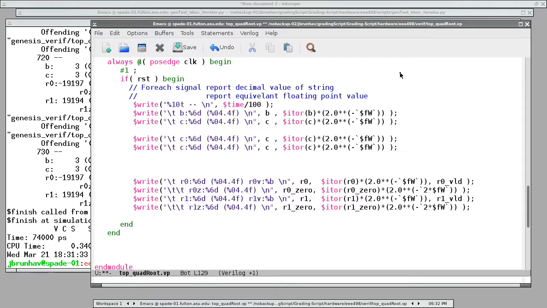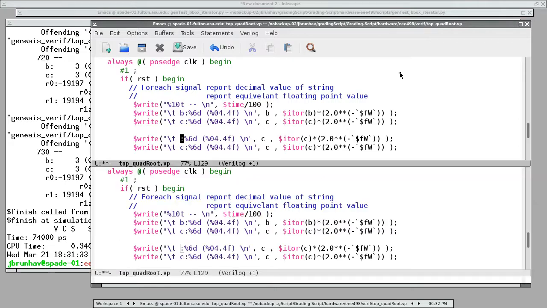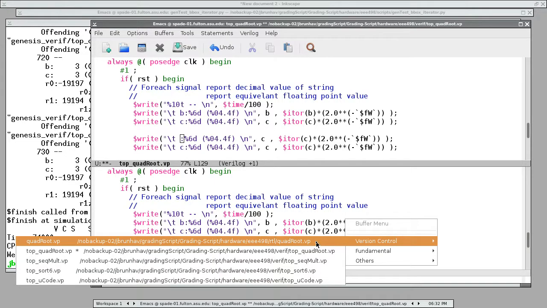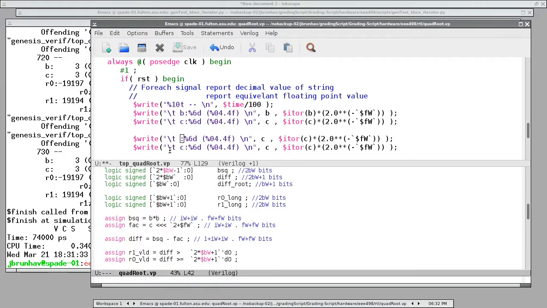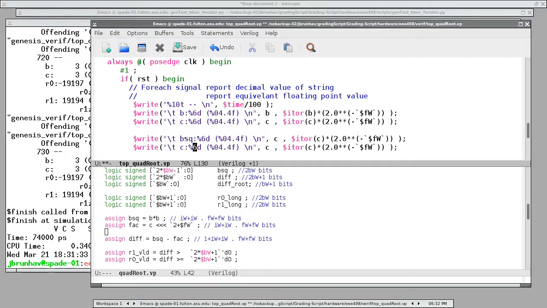Let's look at the intermediates. So let's open the other guy here. So we have BSQ. So we'll look at BSQ and we'll look at FAC. Again, that and that.